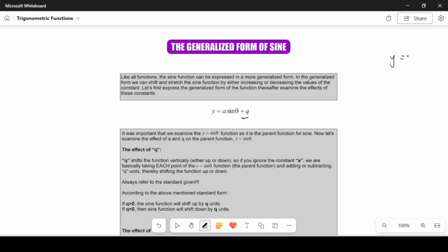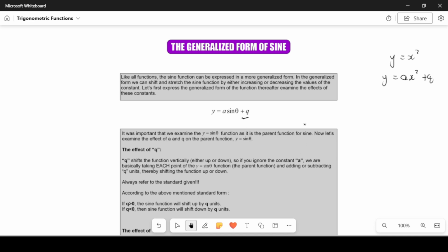Exactly like how y is equal to x squared is the parent function, but the parabolic function in a more generalized form is y is equal to ax squared plus q. It's the exact same idea here. It was important that we examine the y is equal to sine theta function as it is the parent function for sine.